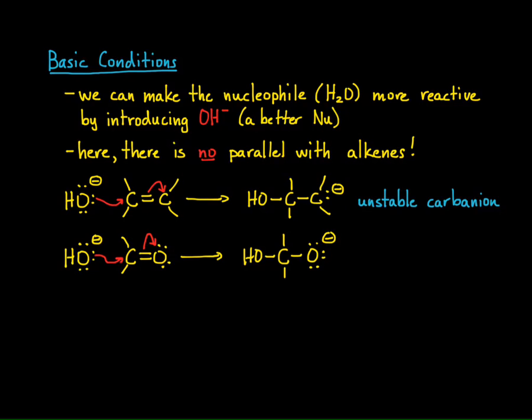Well, now the oxygen has a negative charge. Unlike carbanions, oxygen is much more electronegative and can accept that negative charge. And so we see that the negative charge is on the more electronegative oxygen, and therefore it is perfectly content to accept those electrons. And of course it's going to then react with water, right?